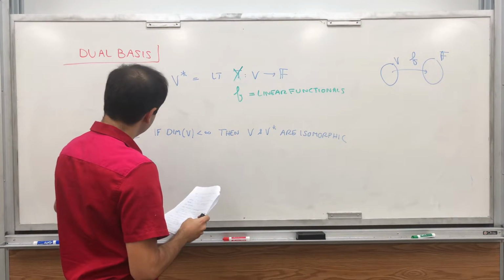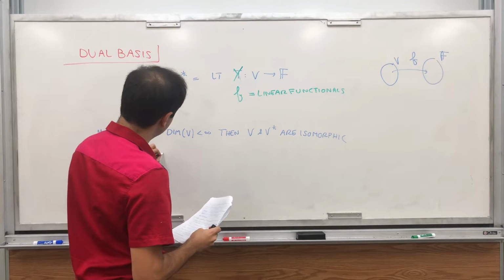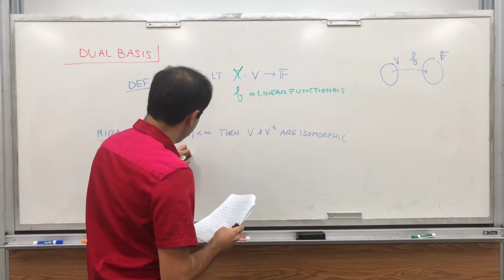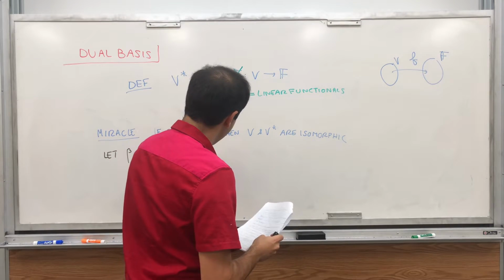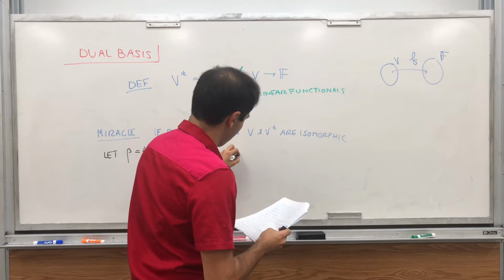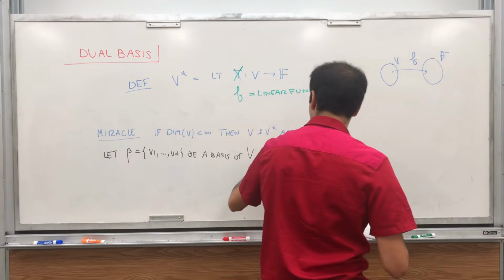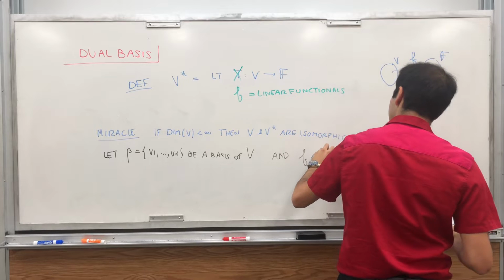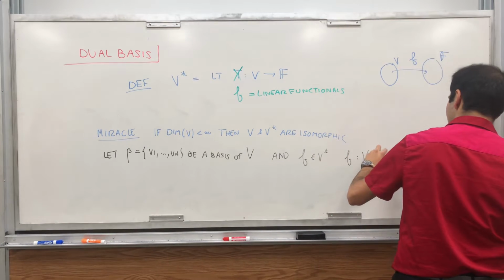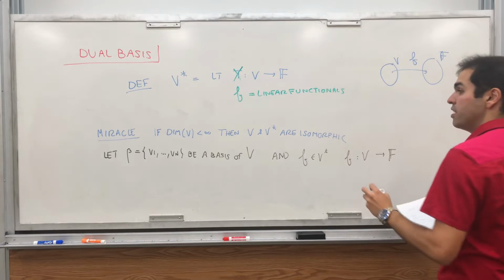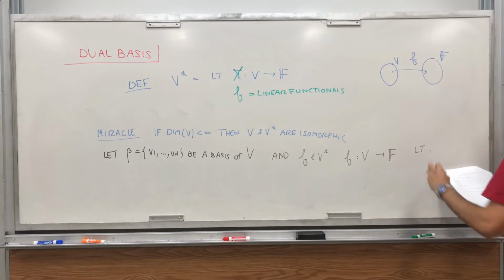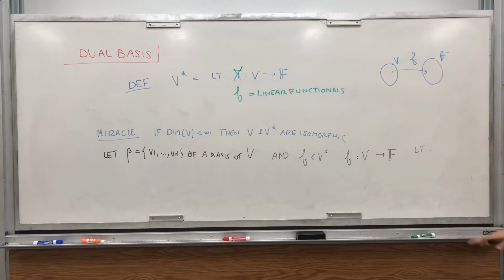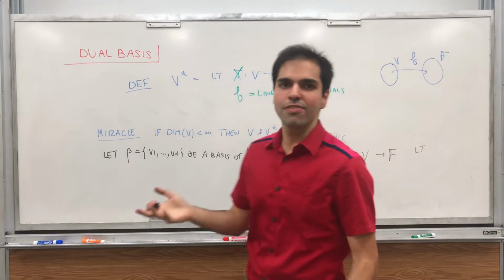and suppose we have a basis of V. Let beta be V1 up to Vn, a basis of V, and suppose F is a linear functional. F is in V star, so F goes from V to F and is a linear transformation. Now look, since F is a linear transformation, remember, it's enough to determine F on basis vectors.